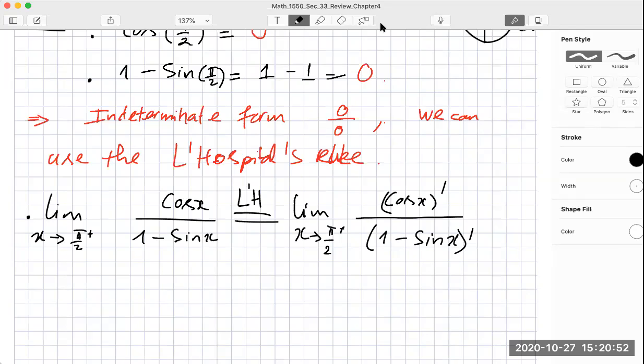So from the L'Hopital rule, we have this one.